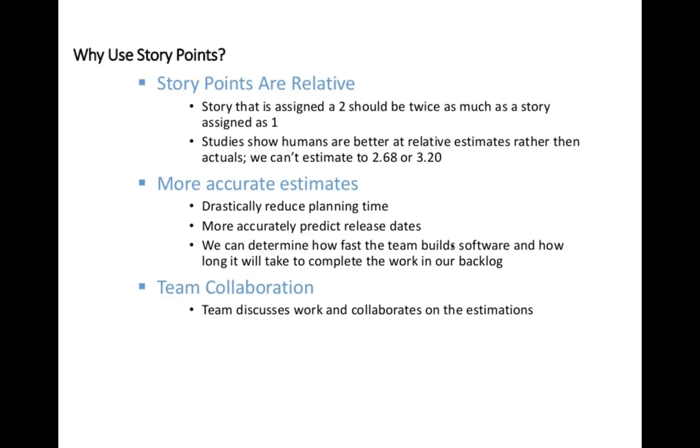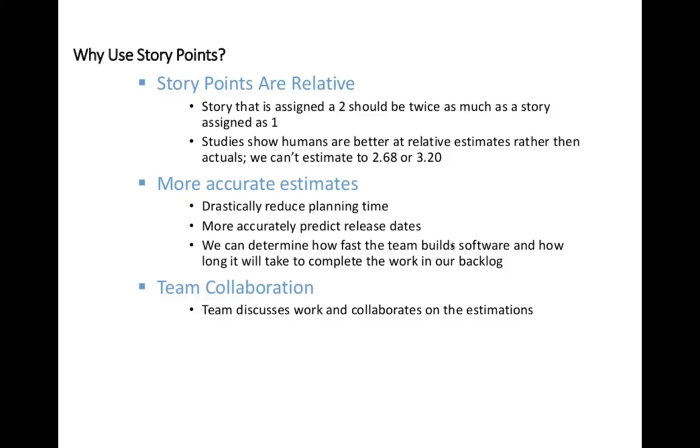Yep. So whenever we are providing a story point, if we are comparing two user stories, one user story should be double the other user story. Then only we are able to break down the user stories further. And it is about the relativity.